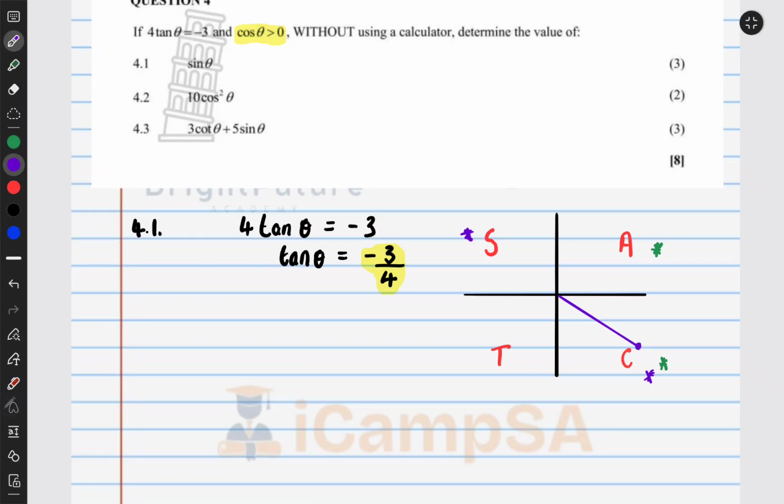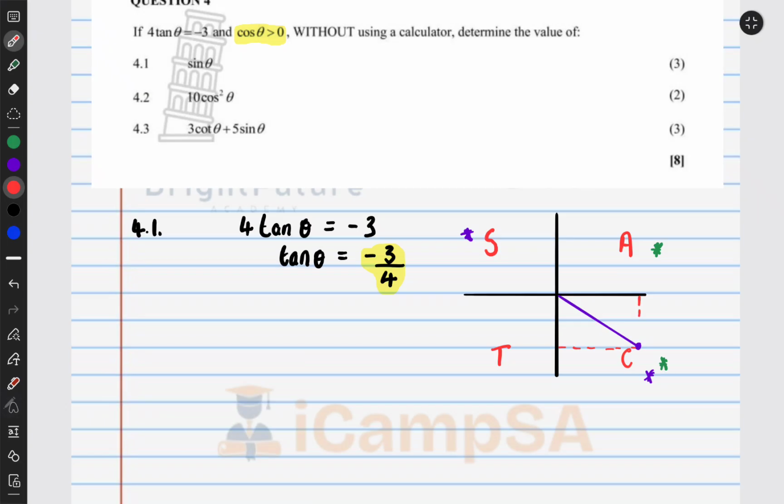What does that tell us now? It tells us that the negative actually belongs to what? It belongs to the y value, because it is the y values that are negative in the fourth quadrant.